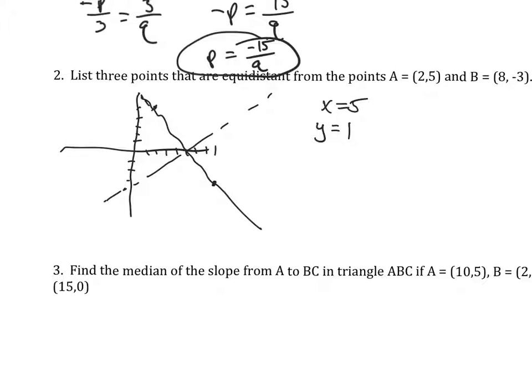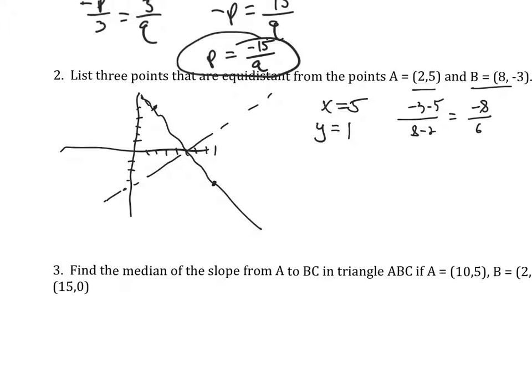We also know that the slope of the line that connects A and B is going to be equal to -3 minus 5 over 8 minus 2, which is -8 over 6.